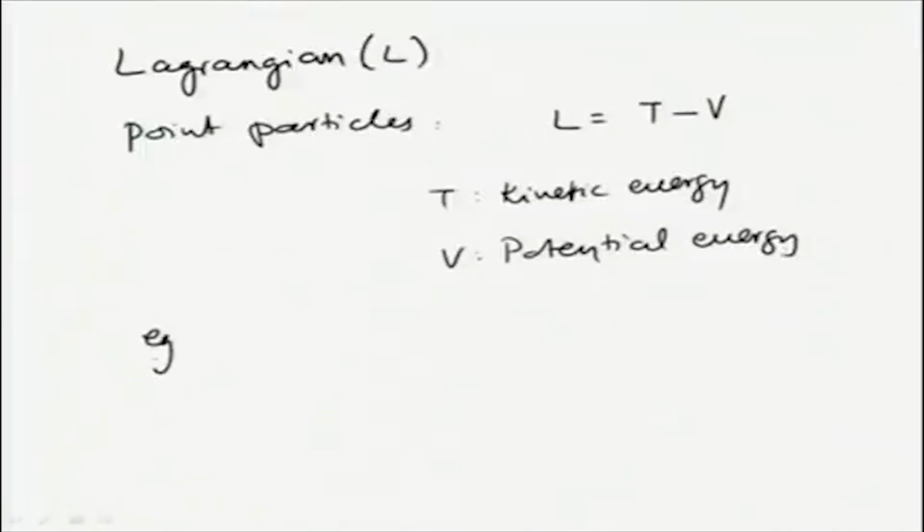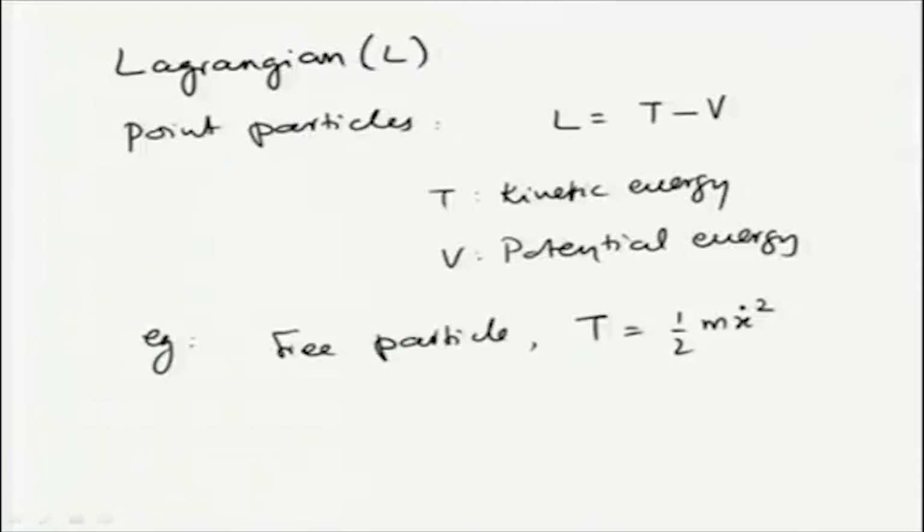For example, a free particle. Kinetic energy is half the mass of the particle times the velocity square.